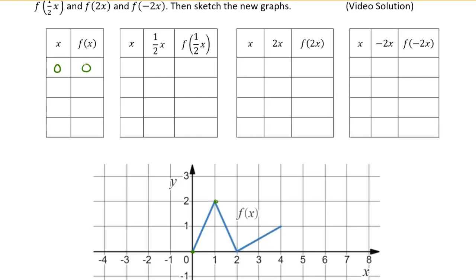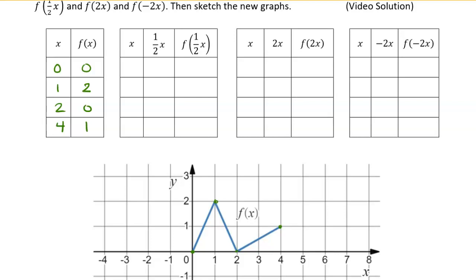I have a point up here, 1, 2. And then 2, 0 is another point. And then finally, I'm going to take this point over at 4. I'm not going to worry about 3, 1/2, but we'll go over to 4 and take that point. So when x is 4, f of x is 1.